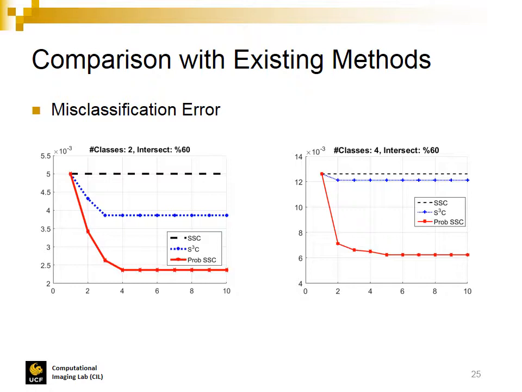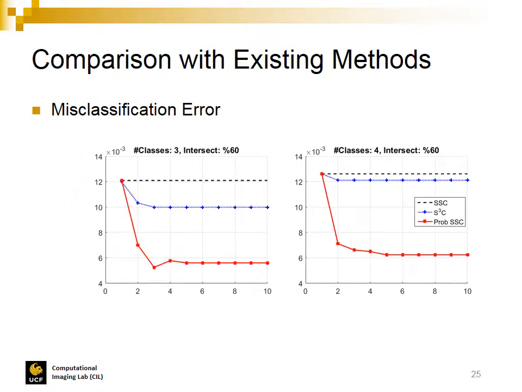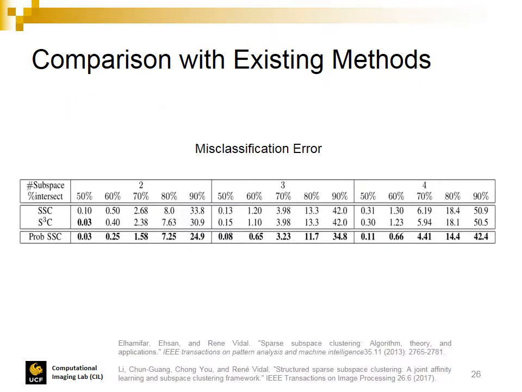These graphs show the results for when the subspaces have 60% intersection and when we have 2, 3, and 4 classes in the data. This graph shows the decrease of misclassification as iteration continues. As shown, the proposed method reduces the misclassification error significantly.